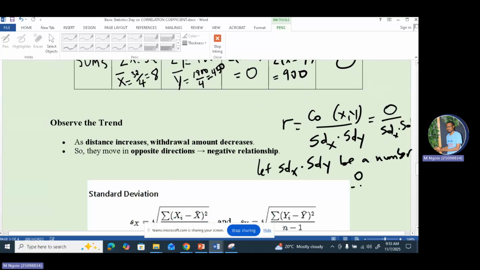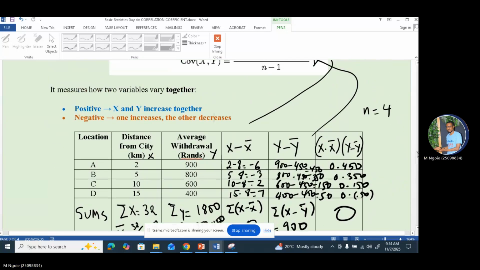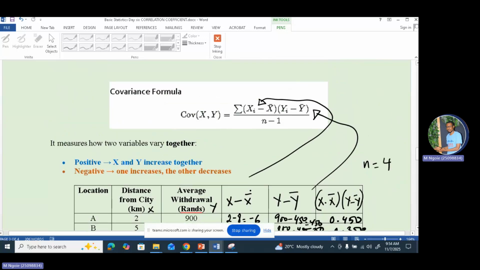So it's gonna be 0 divided by a number, that's gonna be 0. And when this is 0 it means no relationship, right? There is no relationship, right? But I don't want just to continue because you know how to find the standard deviation of x, you know how to find the standard deviation of y, right? Very, very easy.